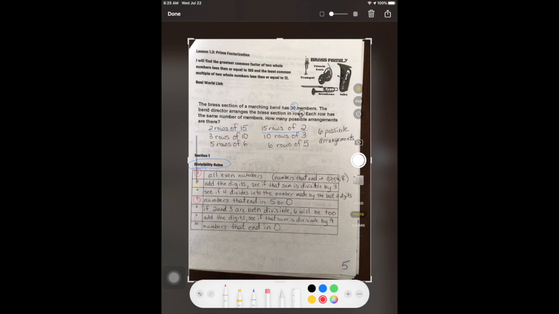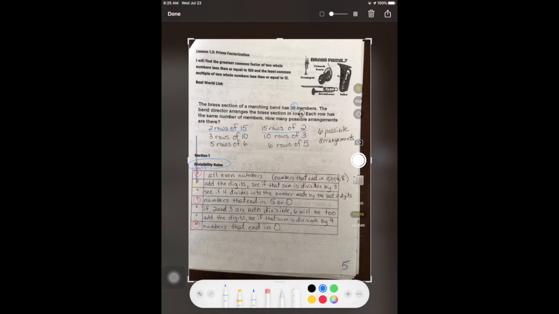If a number ends in 5 or 0, then it's divisible by 5. And if we go to the 10 rule, if a number ends in 0, that means 10 will divide into it. So for the 2, 5, and 10, all you have to do is look at the last digit, and you can decide if that number is divisible by 2, 5, and 10.